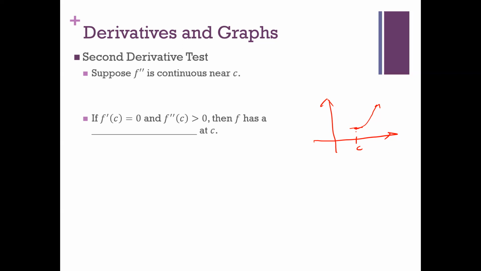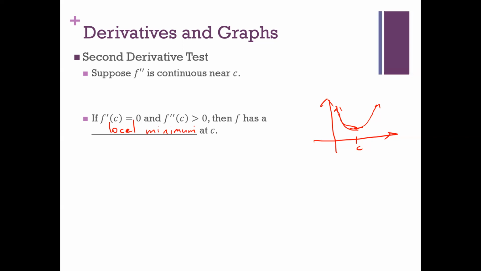Well, they're increasing up to 0, which means they must be negative preceding that point and positive after. So what kind of a point are we looking at? That's a local min.